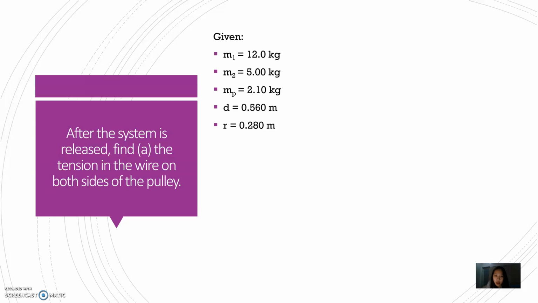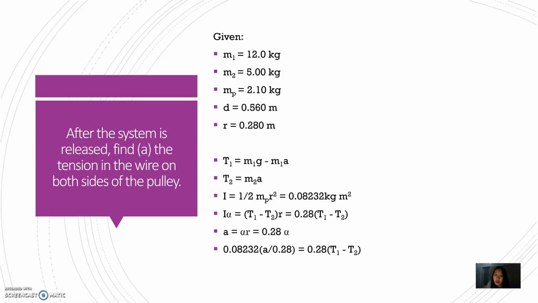You're given mass 1 of 12 kg, mass 2, 5 kg, mass of the pulley, 2.1 kg, diameter of 0.56 meters. Divided by 2, you'll get its radius, 0.28. Your vertical tension would be T1 equals M1G minus M1A.